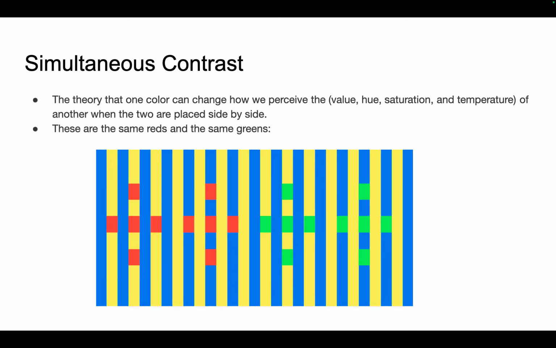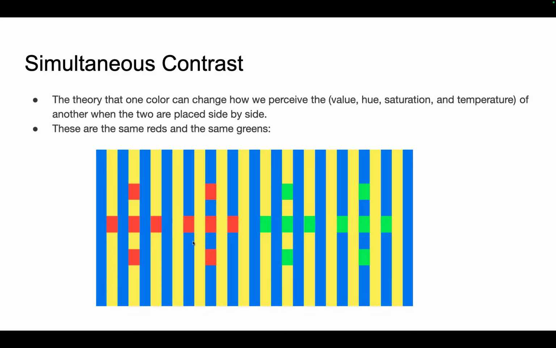And so whenever we look at this example right here, what's kind of amazing is this is actually the same exact red. These are the same exact green, but they look like they're different, right? They look like they're different greens. And so which one of these greens looks like a cooler green, the left or the right? Right, the left looks like a cooler green. It's got some blue, looks like it has some blues in it. Which one of these looks like the warmer red?